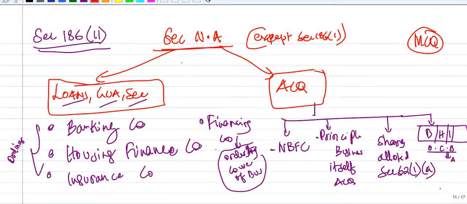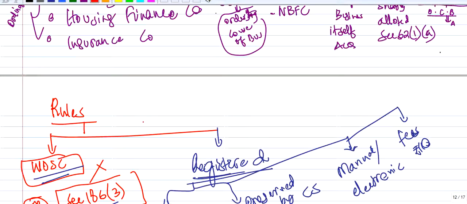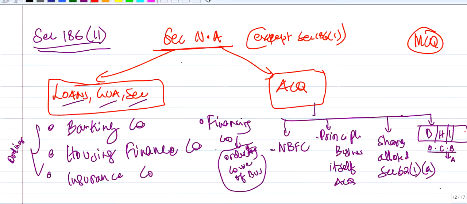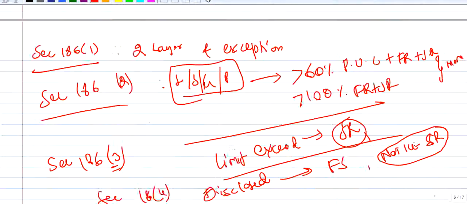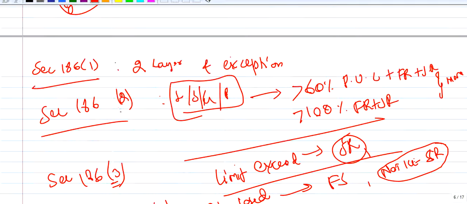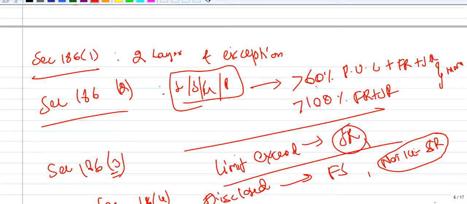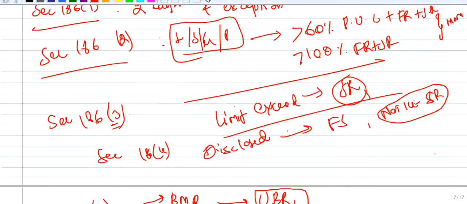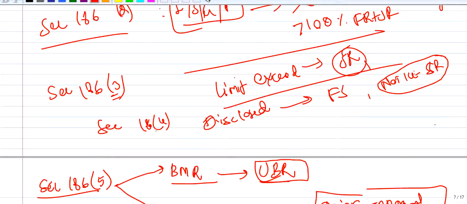Section 186 will come up at the initial stage. 1, subsection 1, 2 layers and exception. 2, that condition more than 60% and more than 100%. 3, limit exceeds, special resolution is required.